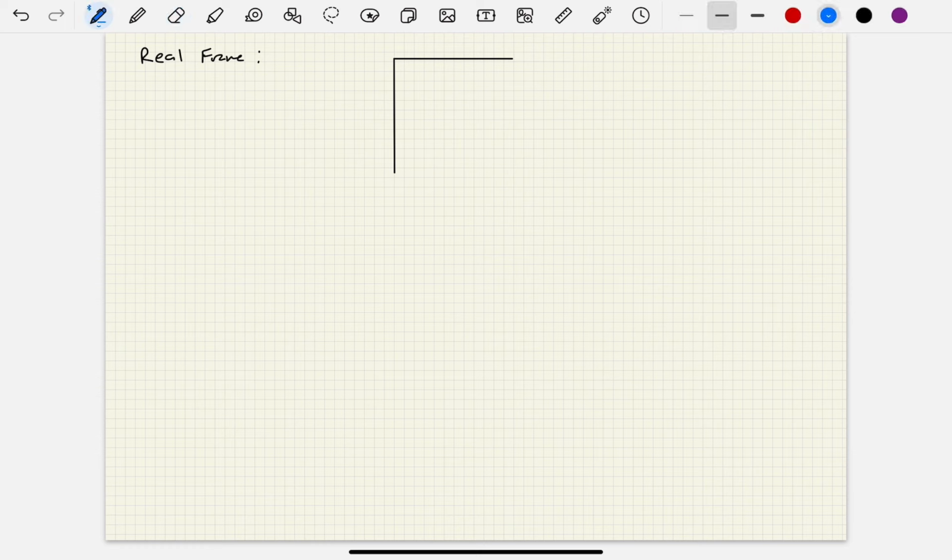And, of course, in the real frame, you have a CY and you have an AY and an AX as well. And the real frame is going to have the real loads on it, okay? So we'll go ahead and put these real loads, which was just this uniform load, right?